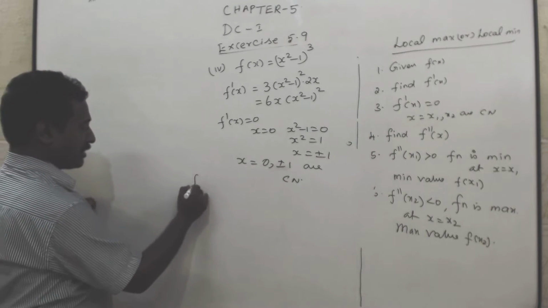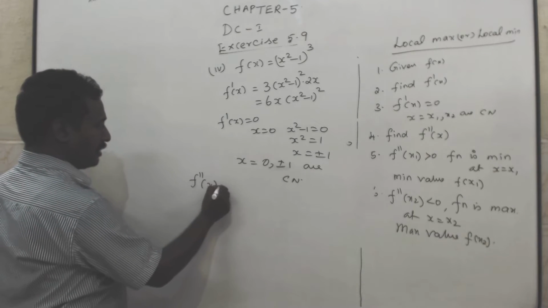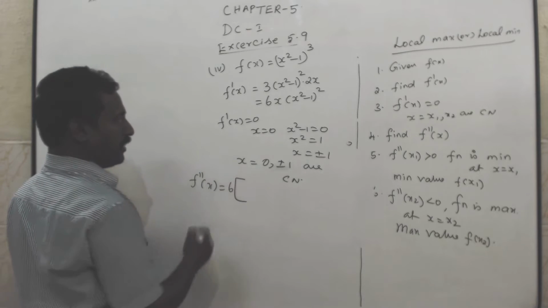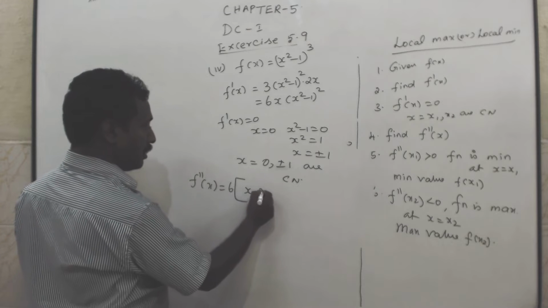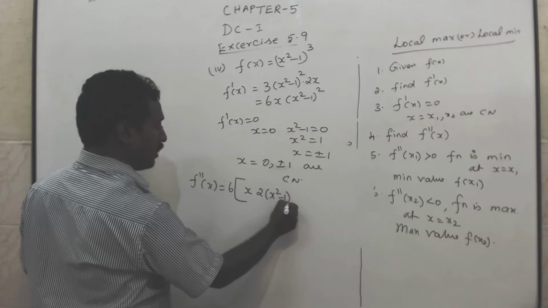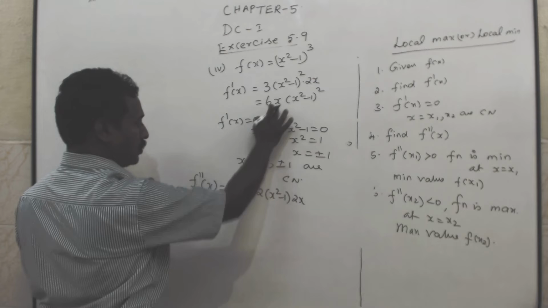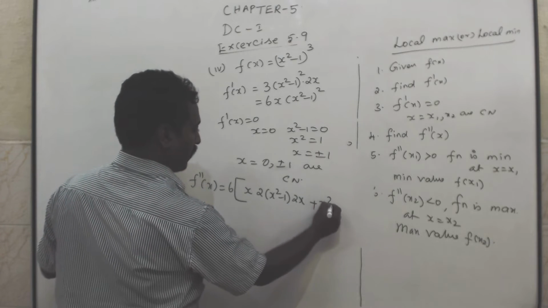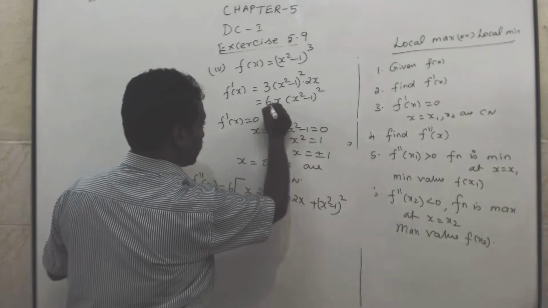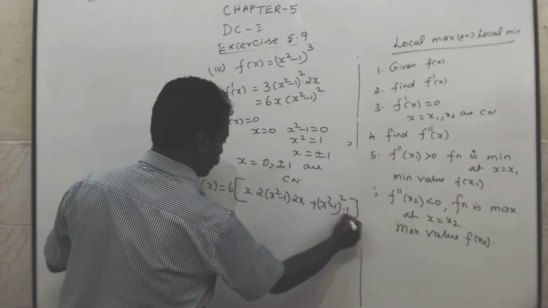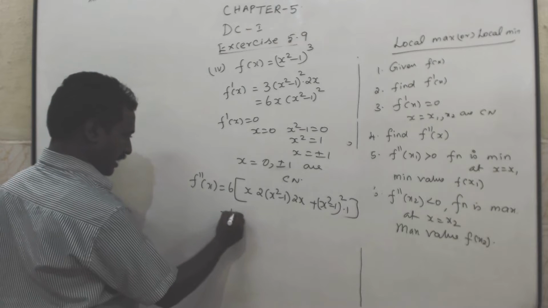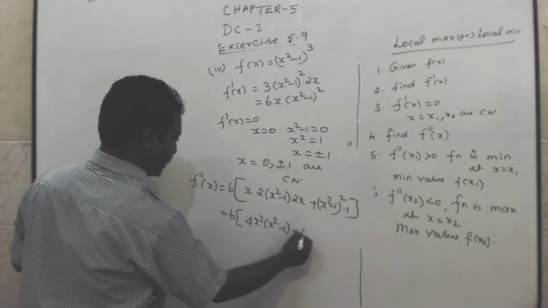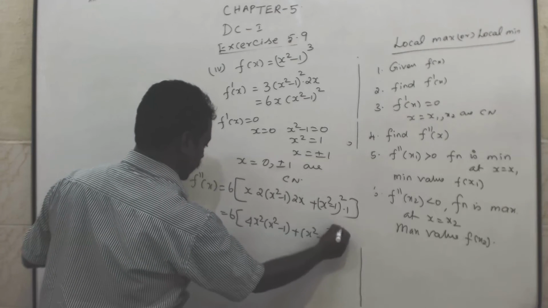f double dash of x. Here only be careful. 6 common. This is in the form of uv. x, and x square minus 1 whole square, differentiation of x square minus 1 is 2x. u into differentiation of v, plus v into differentiation of u, x differentiation is 1. 6, 4x square into x square minus 1 plus x square minus 1 whole square.